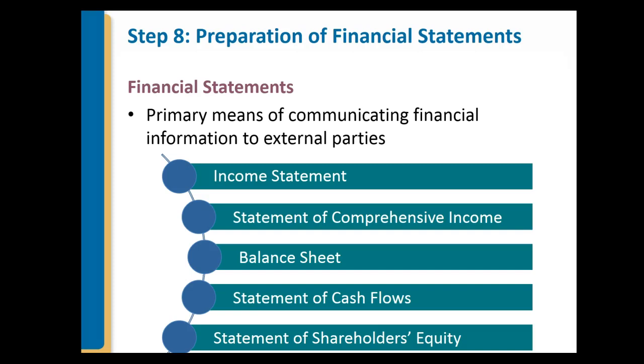The income statement is a change statement that summarizes the profit-generating transactions that cause shareholders' equity through retained earnings to change during the period. The purpose of the Statement of Comprehensive Income is to report the changes in shareholders' equity during the period that were not the result of transactions with owners.